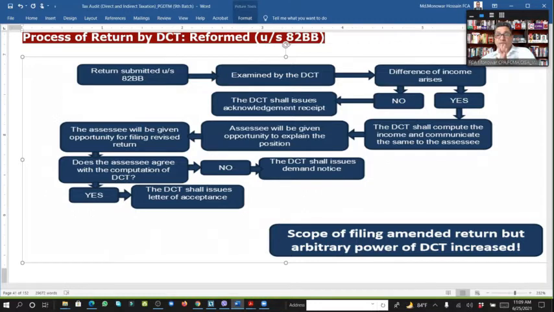But if there is some disagreement with the DCT calculation, then the DCT shall compute the income and communicate the same to the assessor. It can be in different ways.